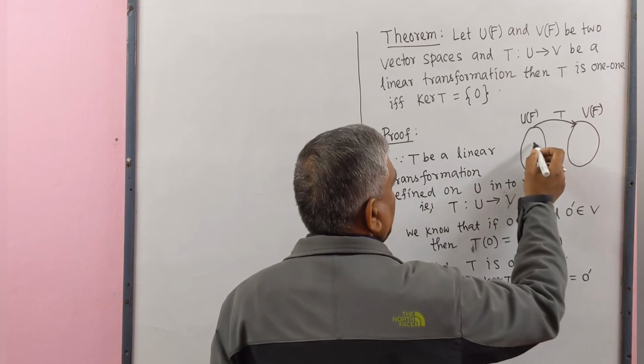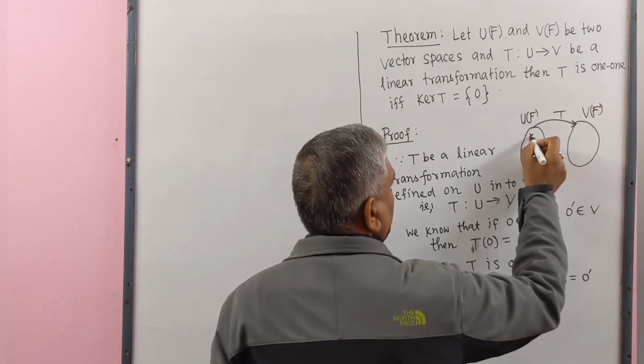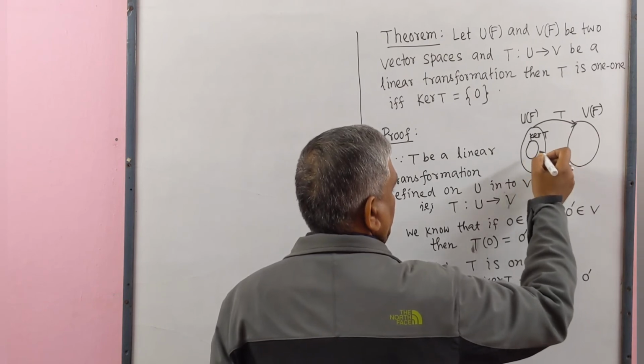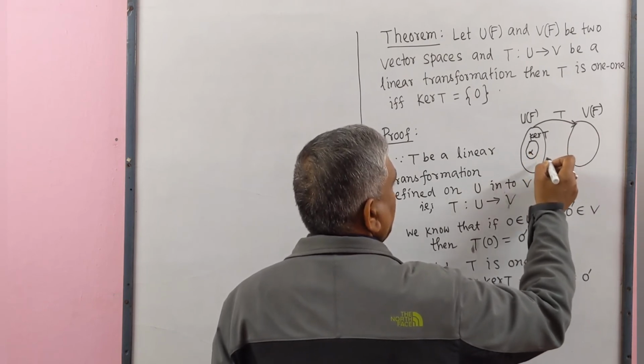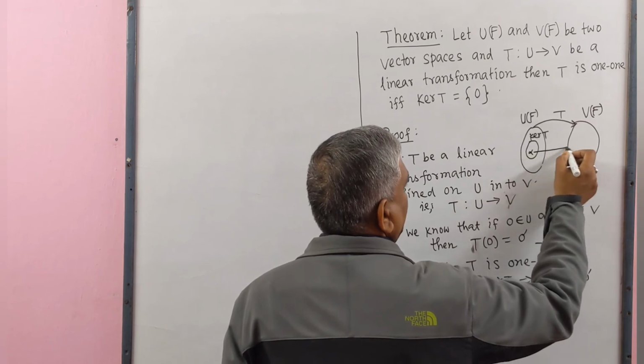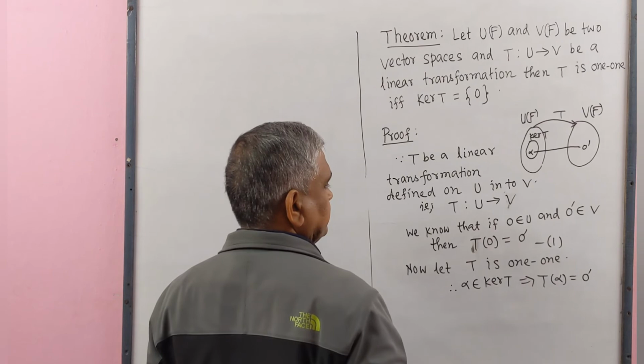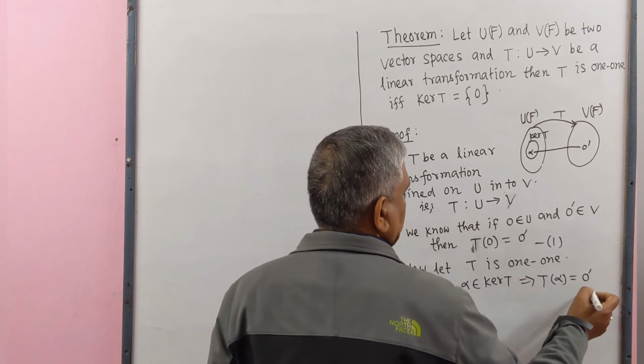Here this is ker T, and here the image of alpha is 0 prime. This is number 2.